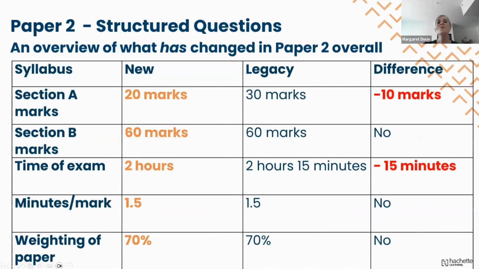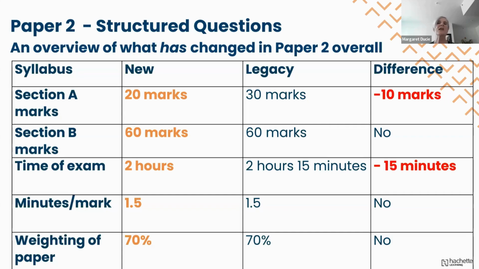So paper 2, this is now an overview of what's changed overall in paper 2. You'll find most of the changes actually, and I will go through each section separately, but section A, which is the compulsory question, is only going to be 20 marks instead of 30. Section B is the same, it's 60 marks and students answer 3 questions out of 4.